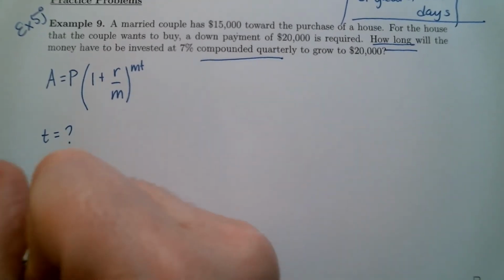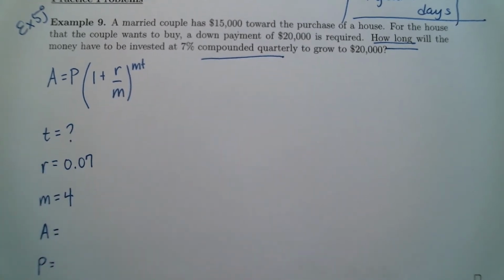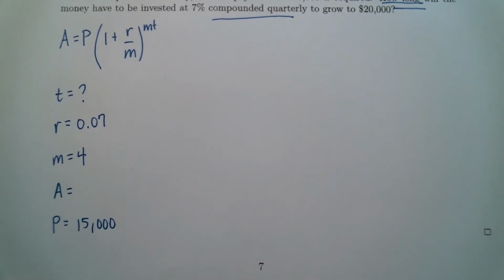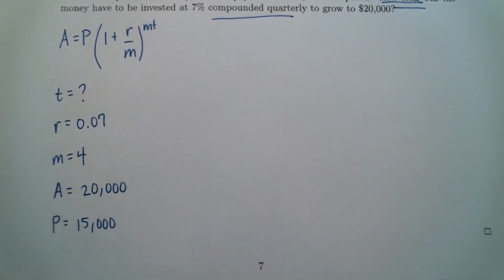Let's see here. A and P, we still have to figure out. So P is going to be how much money, it's the one lump sum that's deposited or invested. So the P value here is 15,000. And then we want to have, however long, we want to have $20,000 down the road. So we're going to want to have an account balance of $20,000.